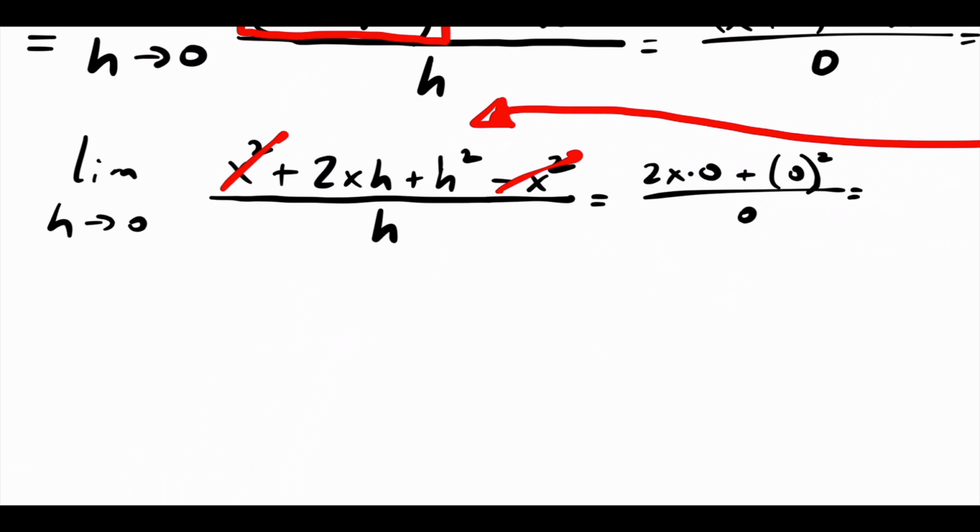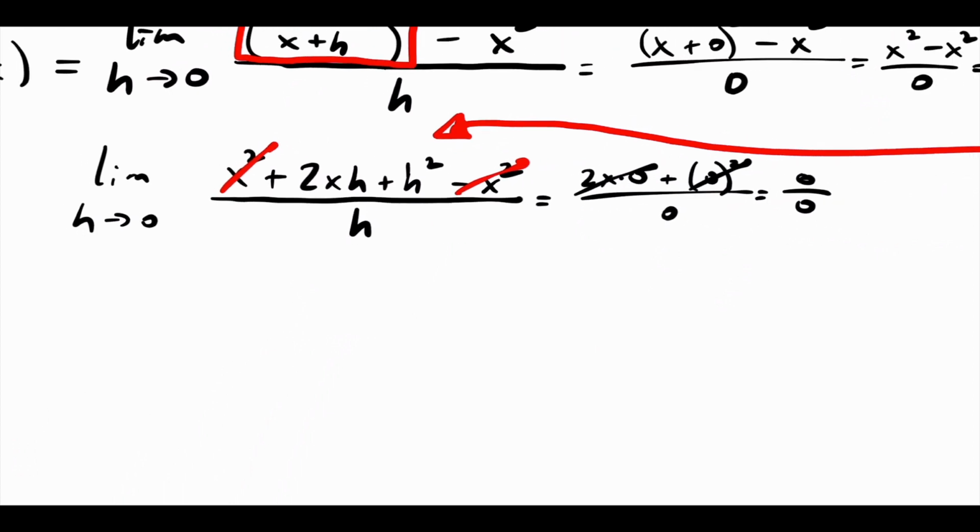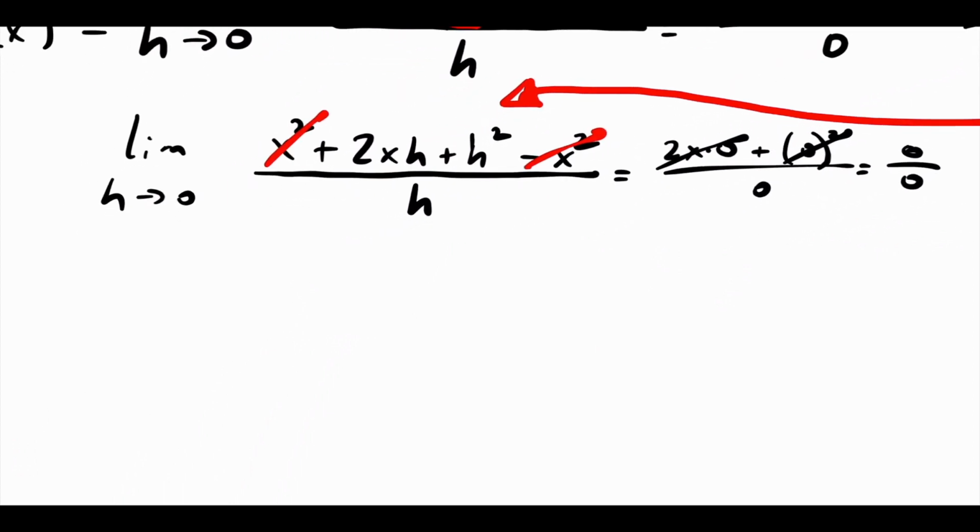Well, 2x times 0 is just 0. 0 squared is 0. I still get 0 over 0. There's still work to be done. What could I do now?